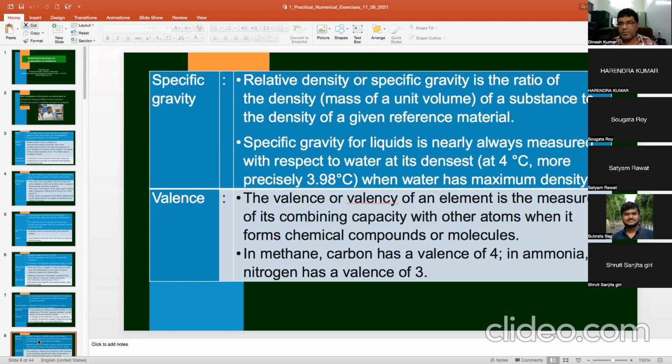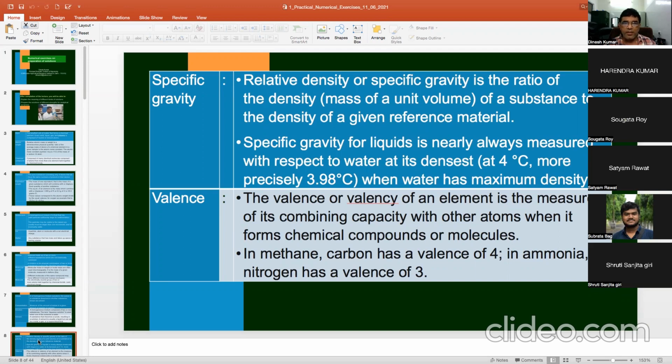Many times the reference material is water. Specific gravity for liquids is nearly always measured with respect to water at its densest form, which is at 4 degrees centigrade, or precisely 3.98 degrees centigrade. Water has maximum density there.